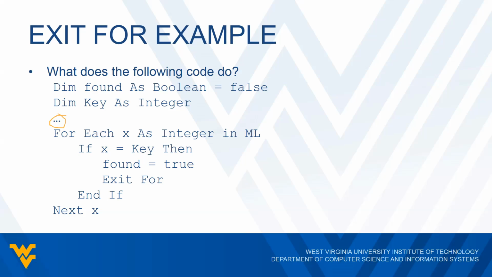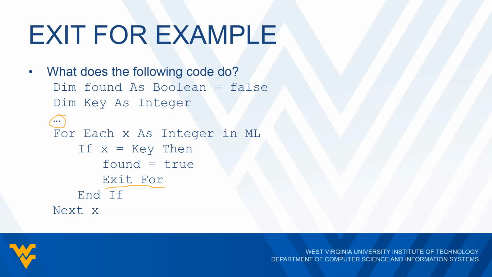And then we have our Exit For statement right here. So what this is saying is if the value of x equals the value of key, then we say found is true, which makes it sound like we're looking for something, we found it, and then we use the Exit For statement, which simply means we are done with the entire For Each loop. We get out of the whole thing, and then we would just resume.